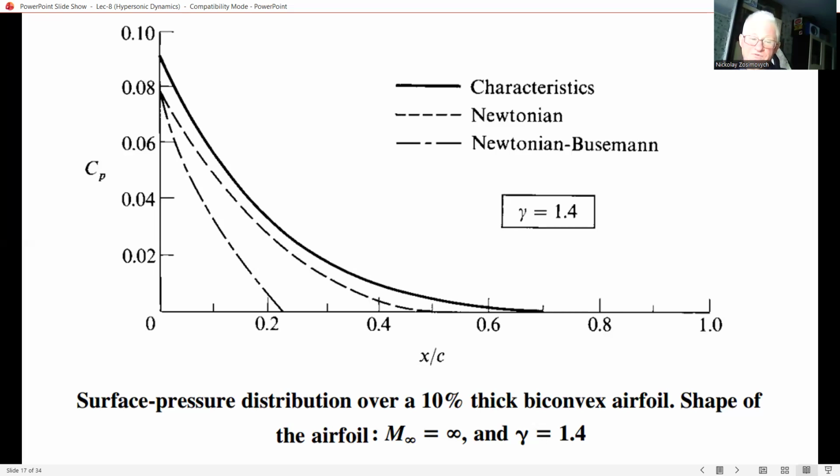For example, Ferri's work was the basis for the characteristic calculation shown on this slide.